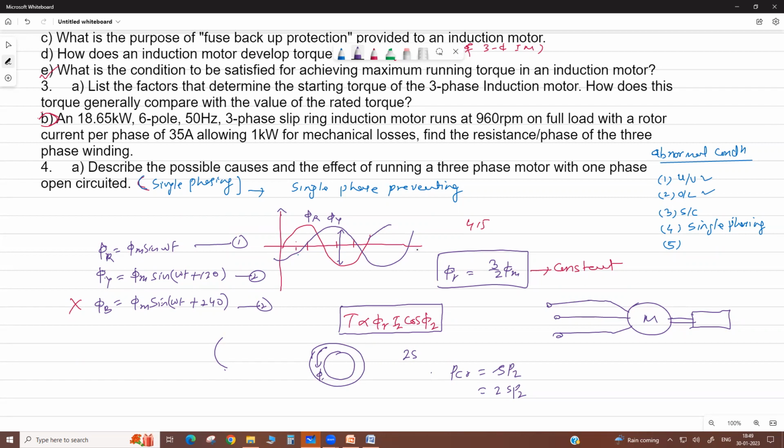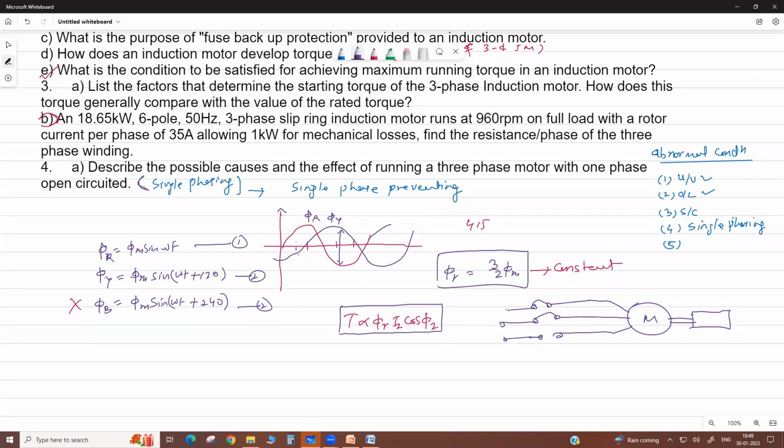Sometimes this question is also asked in objective type: during single phasing, which part of the motor is damaged due to overheating? Winding? No, not stator winding. The rotor will be damaged, actually.